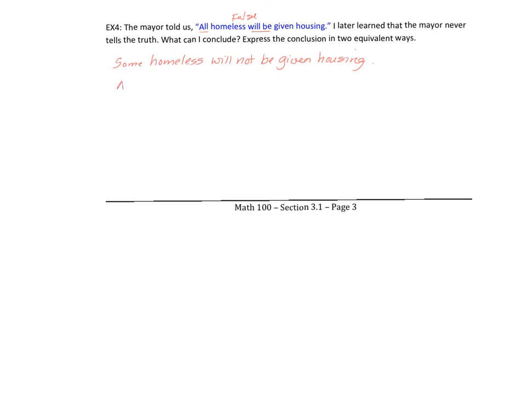It's sufficient to say at least one homeless, and it'll sound better if I say person, will not be given housing. Okay, or you could say not all homeless will be given housing.